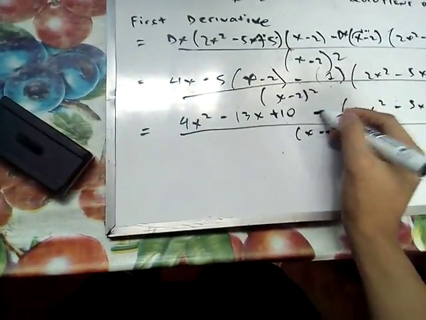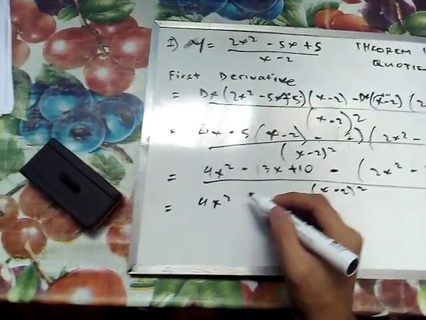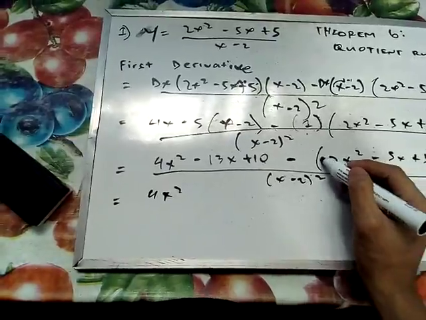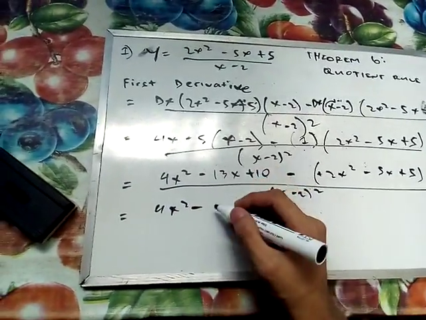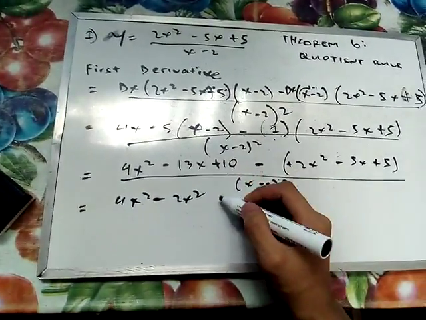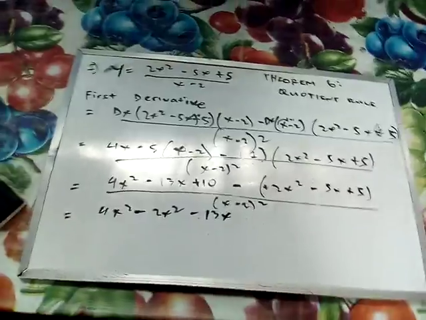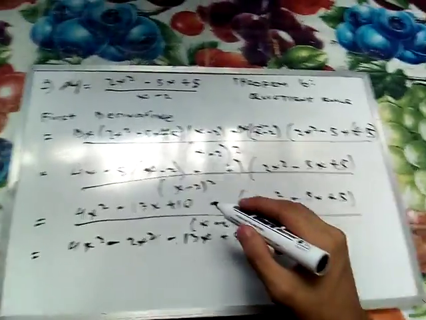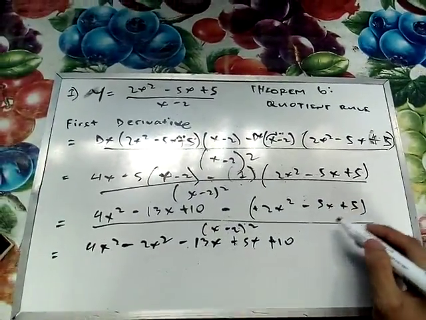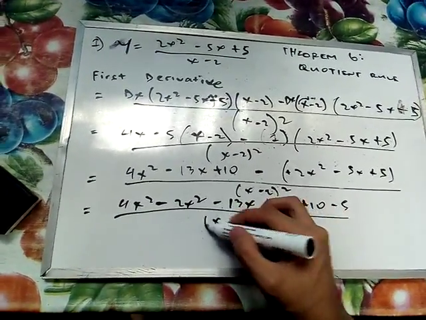This is a negative sign because it's subtraction, and then 4x squared minus, positive times negative is equal to negative, so 4x squared minus 2x squared, then minus 13x, then negative times negative is equal to positive 5x, and then plus 10 minus 5 all over x minus 2 squared.